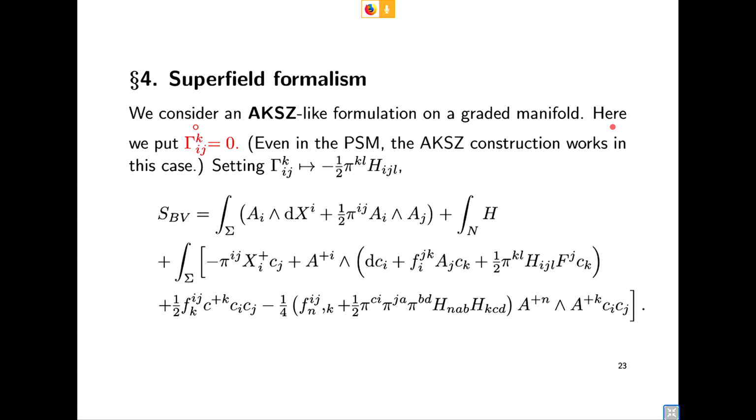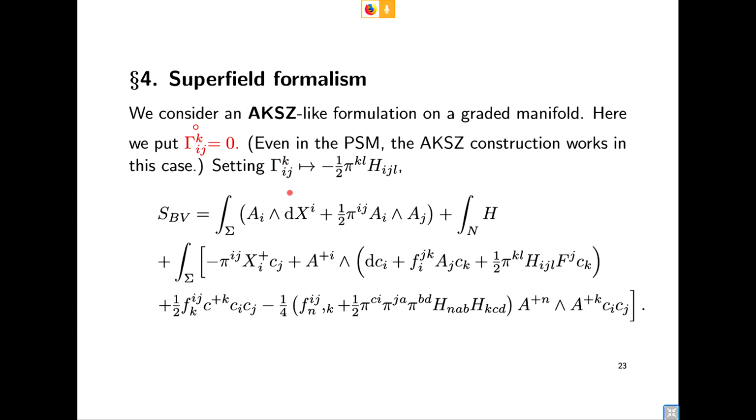In order to consider this formulation, we need to take the symmetric part of gamma, the connection, equal to 0, because in the Poisson sigma model this AKSZ construction works in this case.